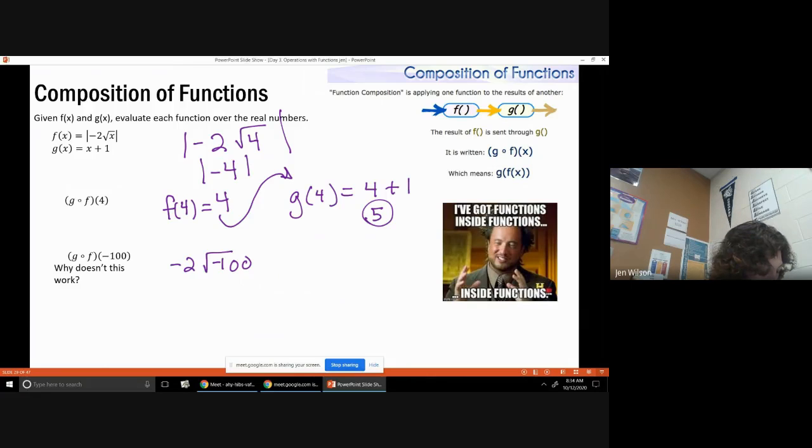So we're going to say x cannot be negative because the square root can't be negative. So this one doesn't work because the square root of a negative is an imaginary number. It would be -2 times 10i, which is not what we're doing right here. So we're going to leave that blank.